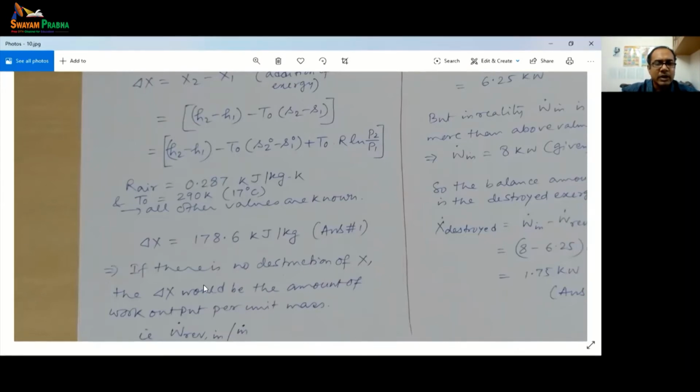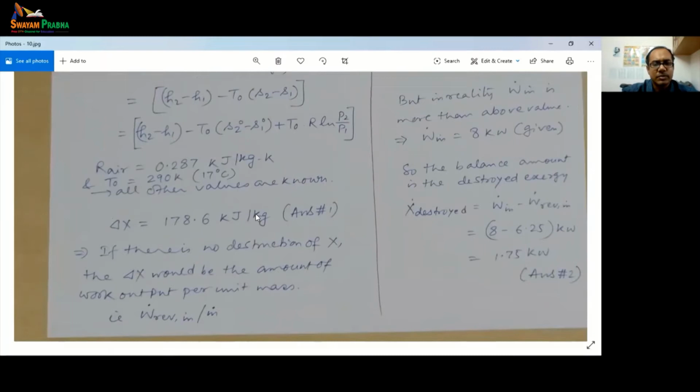Okay, now if there is no destruction of exergy, that means if it's a reversible process, then the delta X would be the amount of work per unit mass, right? So exergy is the work potential, right? Now if nothing is lost, no destruction of exergy is happening, then the whole delta X will be available as work per unit mass.